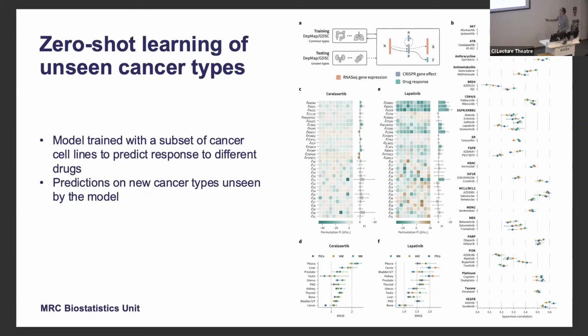But what's important is that we can interpret, we obtain signatures that are relevant. So for example, here to predict lapatinib, we see that if the cancer cell line has addiction to ERBB2 or EGFR, which are the natural targets of this particular drug, we are predicting that these cells are going to respond to that particular drug.